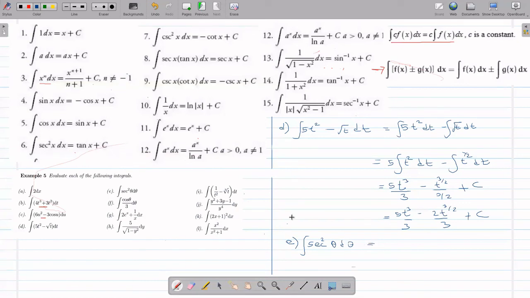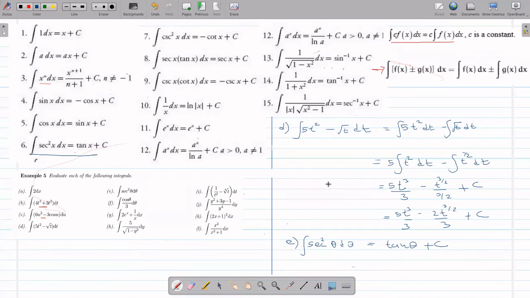So tan x plus c, I can directly apply it. So I will say tan theta, because it's in theta now. It's this formula, directly secant squared dx, similar to this one, secant squared d theta. So I can directly apply the formula for E.